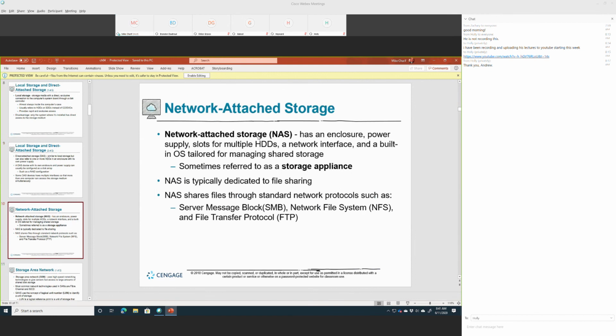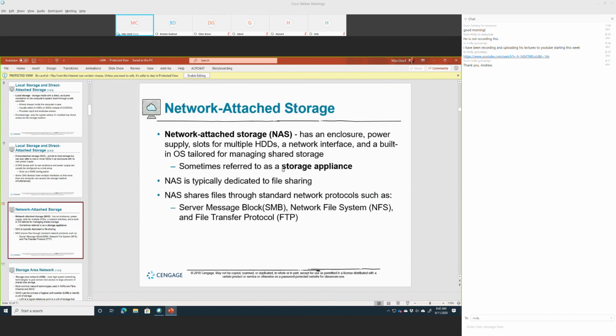Network attached storage. It has an enclosure, power supply, slots for multiple drives. A friend of mine, he bought one. The one I have right here has SATA drives, but doesn't have the SSD. So my friend, he bought one with SSD drives. I mean, he put movies on it, and he has his own Netflix, you know. It's fast.